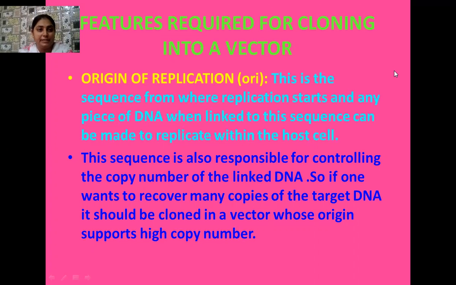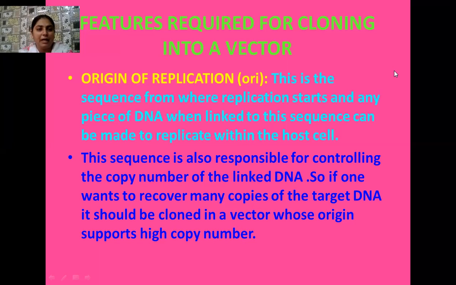Students, here I want to tell you that these plasmids, which we generally use as vectors for recombinant DNA technology, are extra chromosomal DNA that are found in the cytoplasm of the prokaryotic cell.